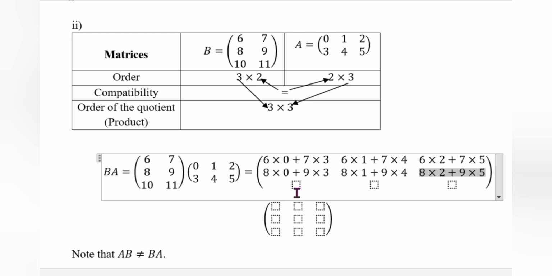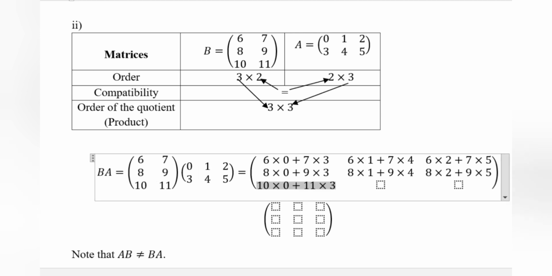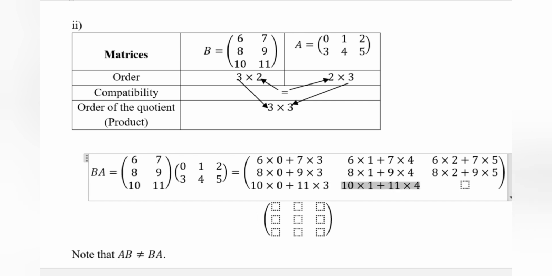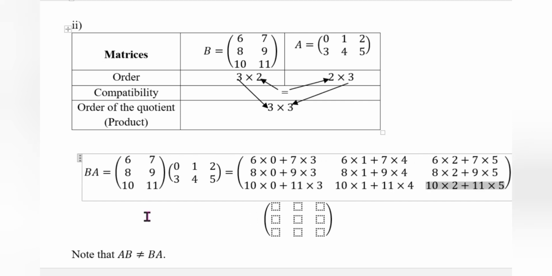Now, this one is the next one. It is in row 3, column 1, meaning we multiply these elements in row 3 times the corresponding elements in column 1. That gives us that result. And then this one is in row 3, column 2, meaning we multiply row 3 times column 2, giving that. And the last one, of course, is that one, which is courtesy of multiplying row 3 times column 3.